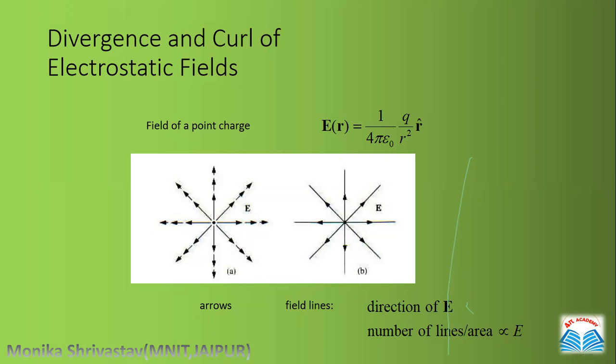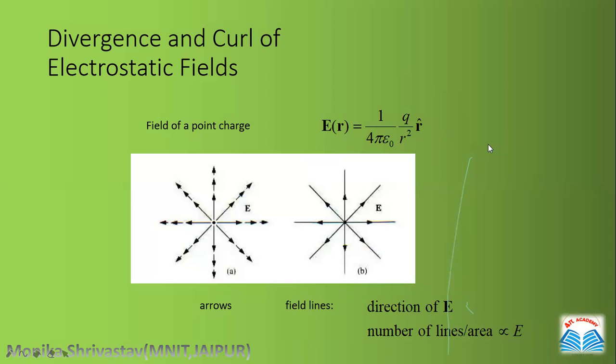Is it a positive charge or a negative charge? Can anyone tell me, just by watching this diagram? Yes, it is a positive charge, because the arrows of the field lines point outward from the charge. So the charge is obviously positive, and we are taking here an example of a point positive charge, and we know the electric field of a positive charge is this one.